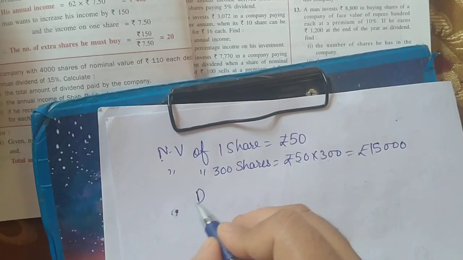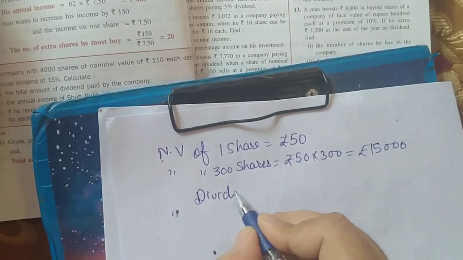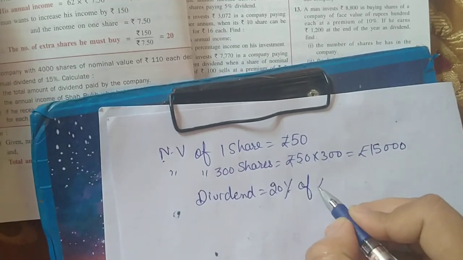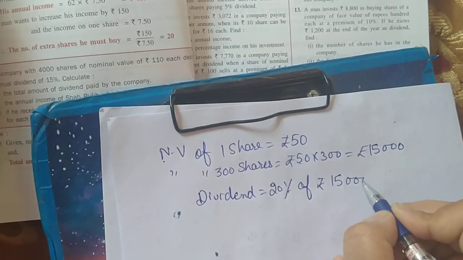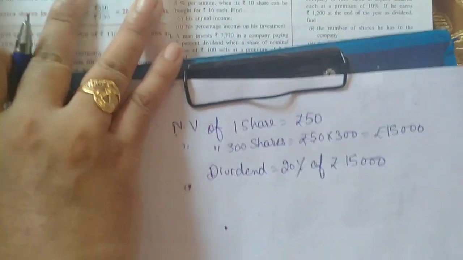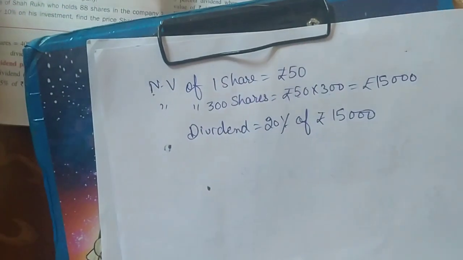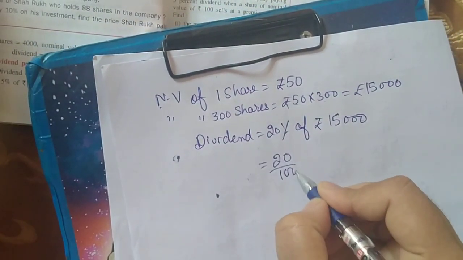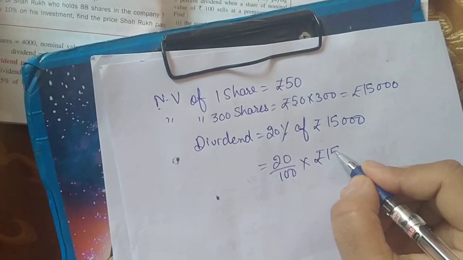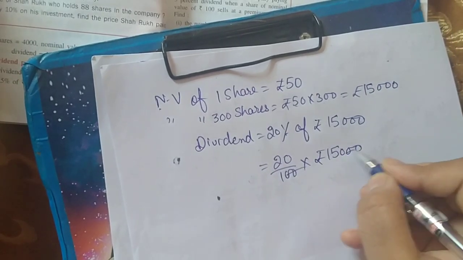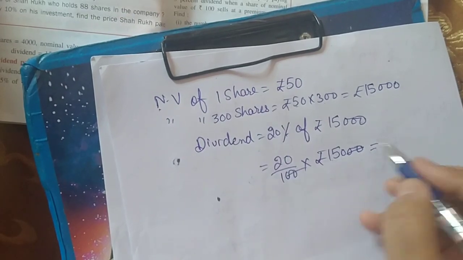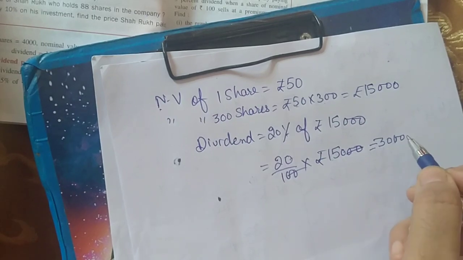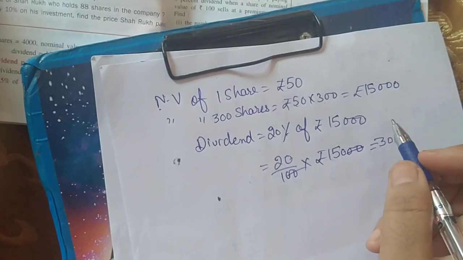So the dividend is equal to 20% of rupees 15,000. That is 20 upon 100 multiplied by rupees 15,000. 2 zeros cancel, 15 2s are 30, and 2 zeros extra. So 3,000 is the profit.